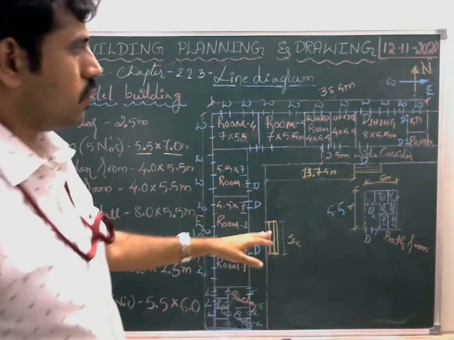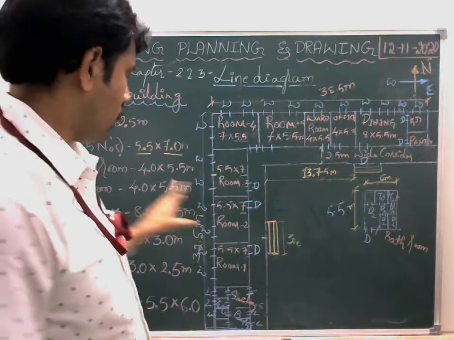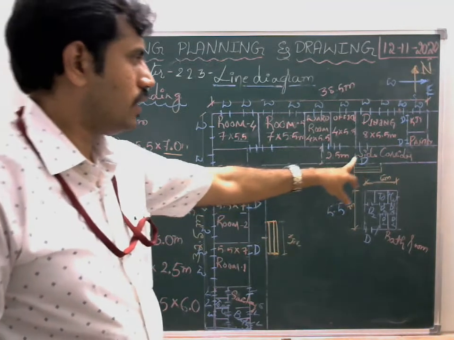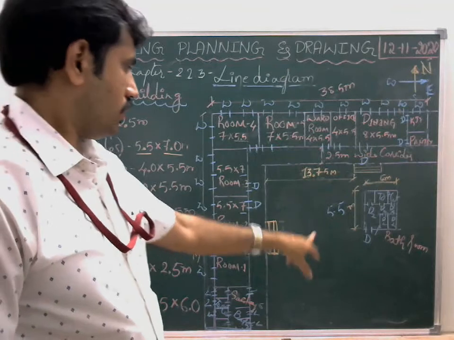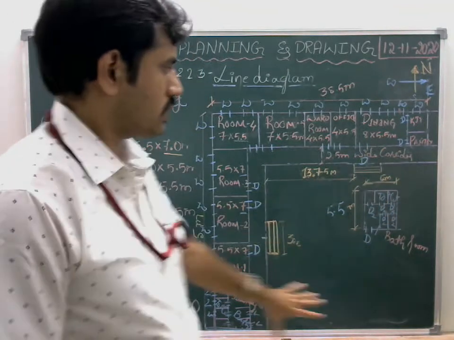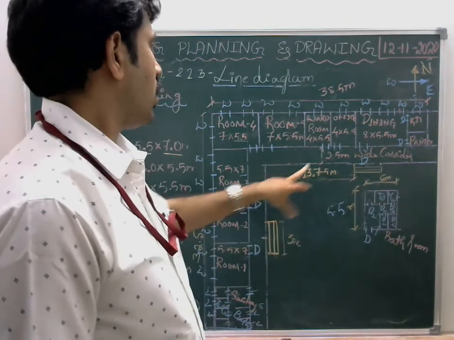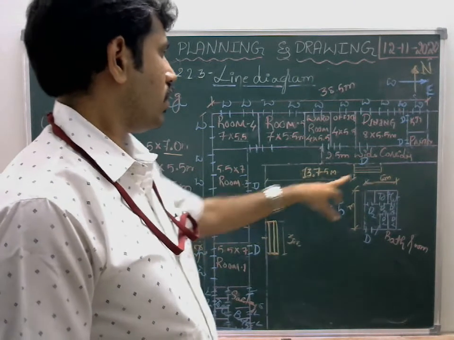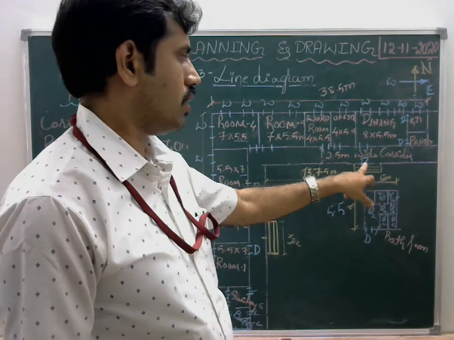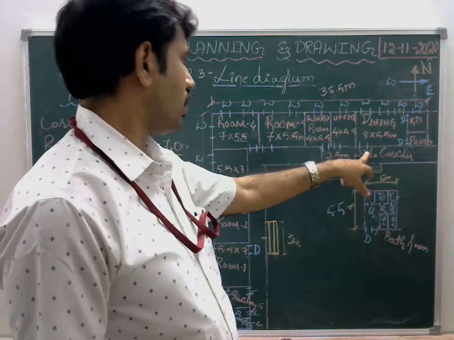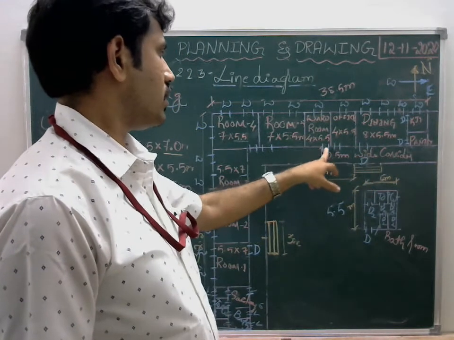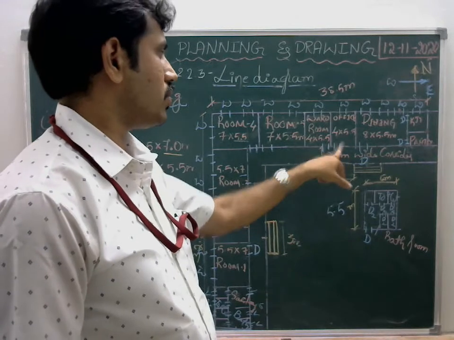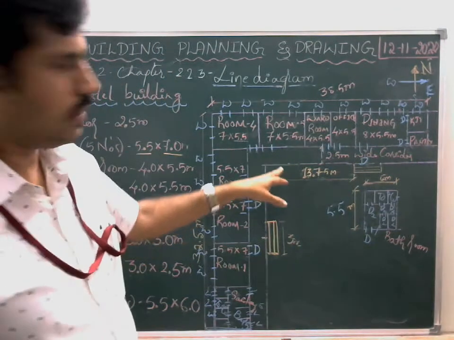Now we are going to see once again the opening schedules we have prepared. This is the open space. This is the warden room, and this is the entrance given. This is the staircase we have provided to climb up to the corridor, and then this is the entrance, and this is also one entrance beside that office building.